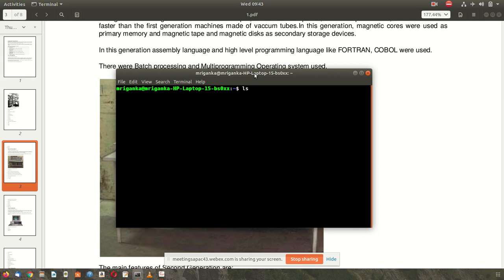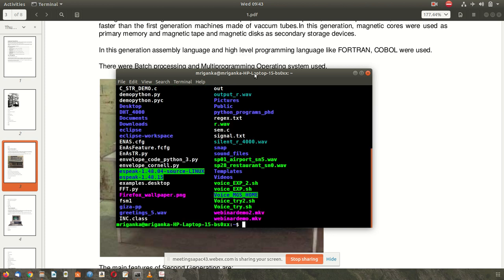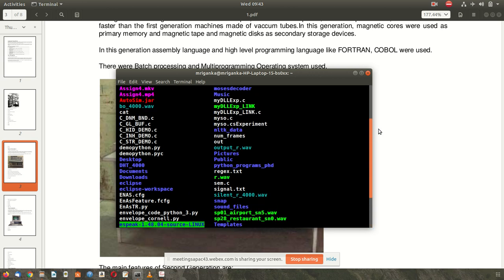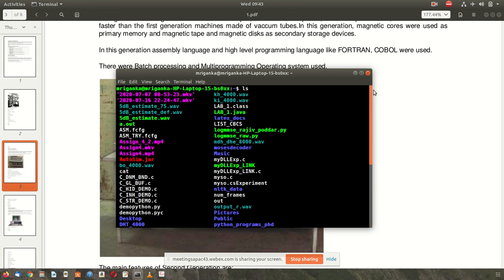L and S. Nothing has happened. If I press L, L has come. If I press S, S has come. Now if I give an enter, you will see something happen. So LS is the name for list. List means it will show the list of files in the computer.